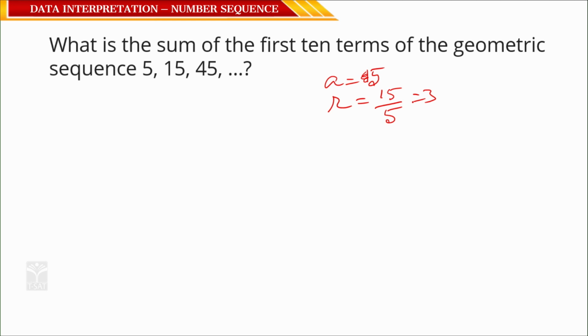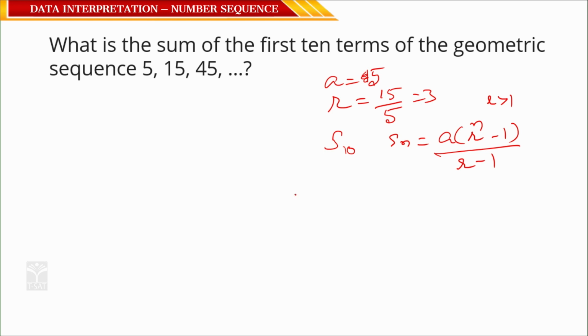What is required here? The sum S10 is required. What is the formula? Sn = A(R^n - 1)/(R - 1) is the formula, because R is greater than 1, correct?